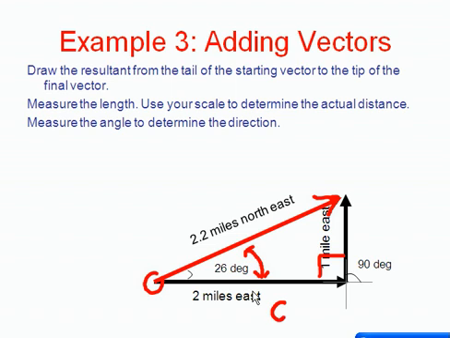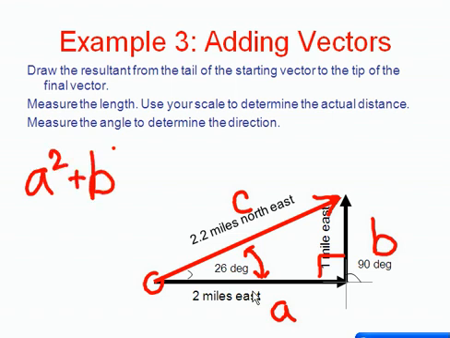So if this side of the triangle is A, and this is B, and this is C, then you can use your old friend Pythagoras' theorem, A squared plus B squared is equal to C squared. You will have to use that equation to solve some of the problems in this unit.